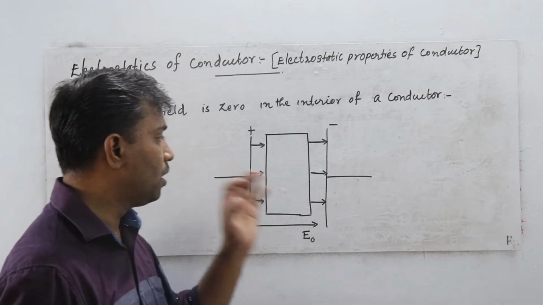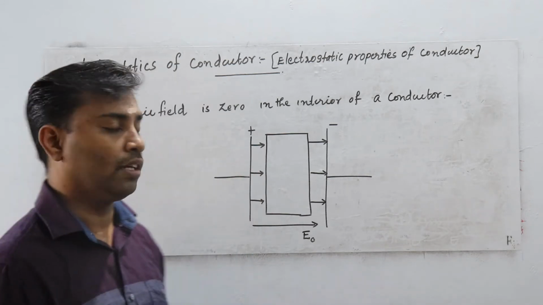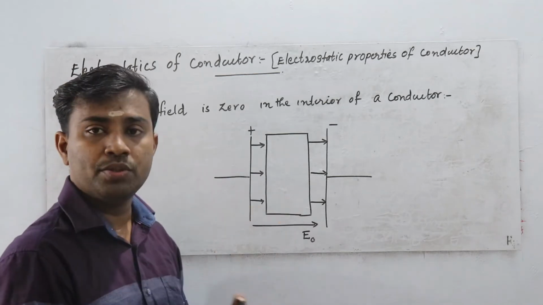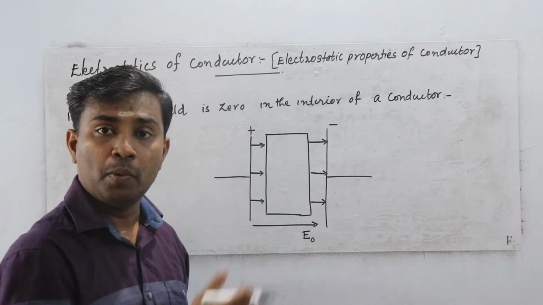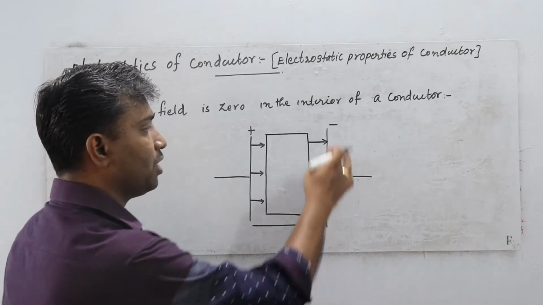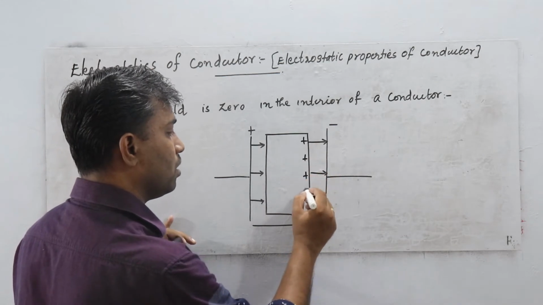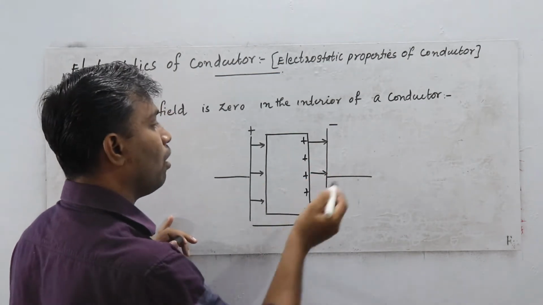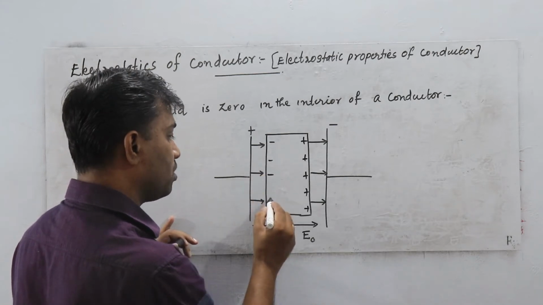When we keep the conductor in an external electric field, all the positive charges inside the conductor move towards the negative plate side, and all the negative charges move towards the positive plate side.